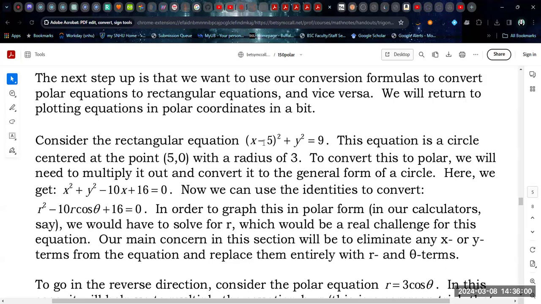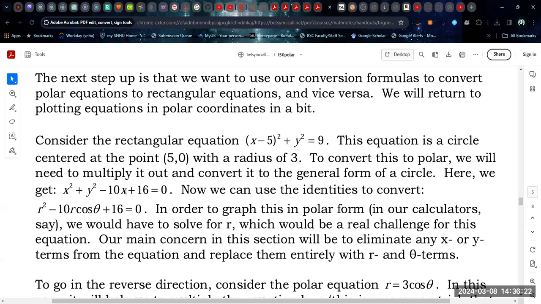I'm getting x squared minus 10x plus 25, and then the minus 9 comes over and gives me this 16. And then I can use x squared plus y squared is equal to r squared. Again, not the x equals r cosine theta version. Don't do that. Just x squared plus y squared, that's r squared.